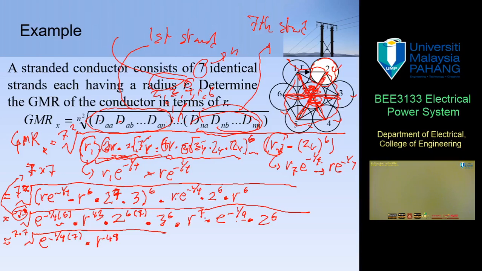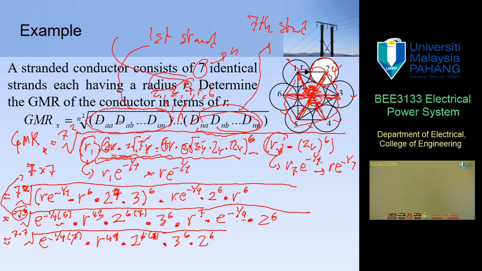Then 2, I think we just remain there. 2 6 over 7. Then 3 6. Then 2 6. Now there's a value that we can cancel here.